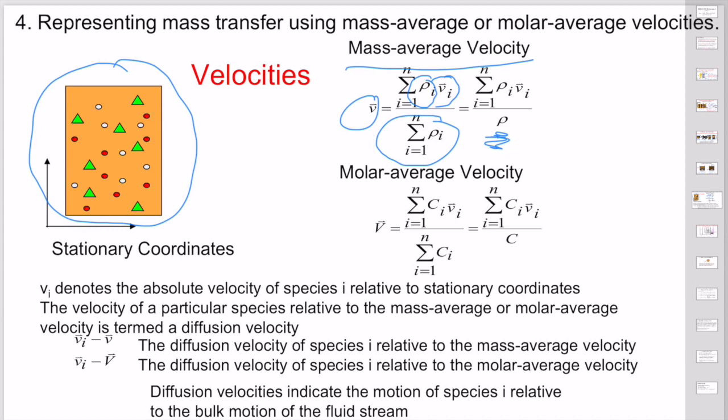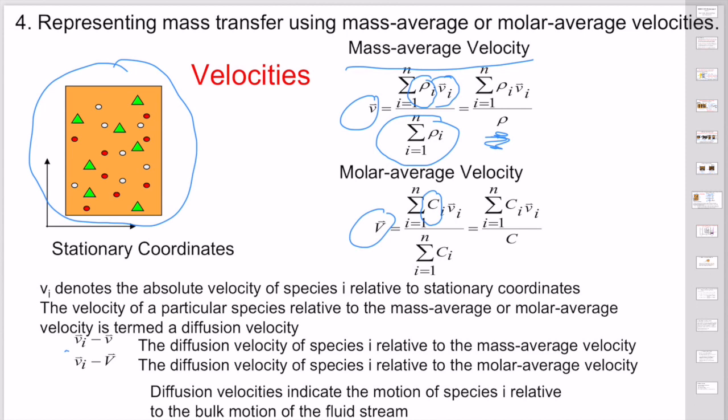The molar average velocity is basically the same thing, only we're going to use the molar concentration for each species. And why would you use one or the other? How do you choose what to use in a particular situation? I guess it just depends upon what's most convenient for the problem at hand.